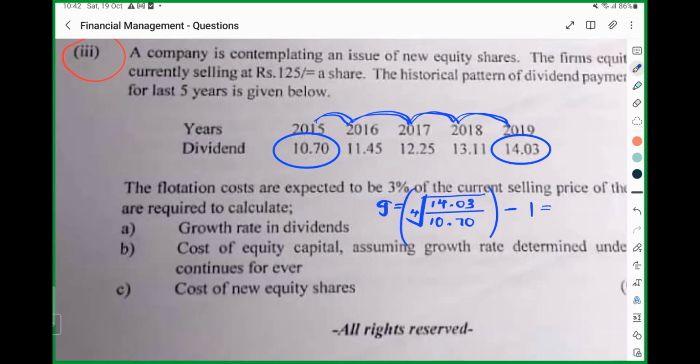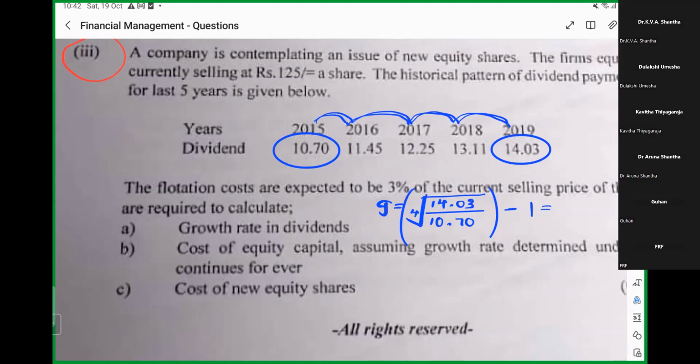How much is the growth rate? Is it 7%? So you will get 0.07.